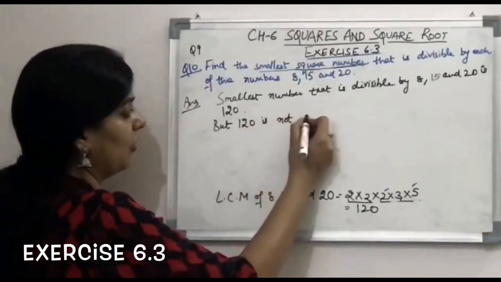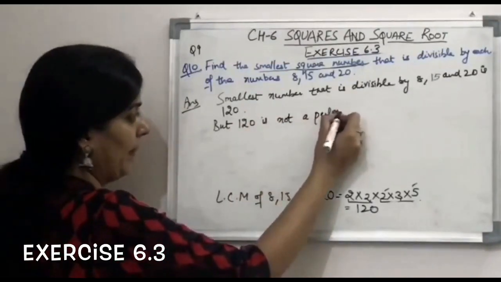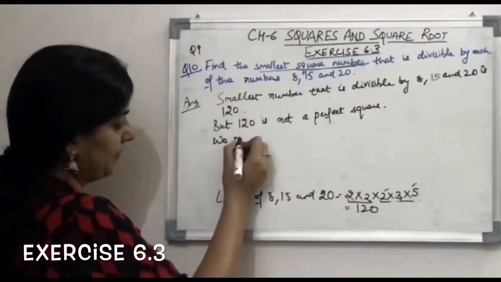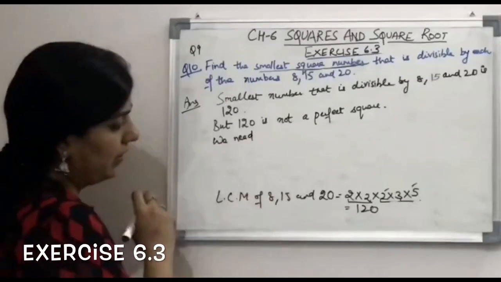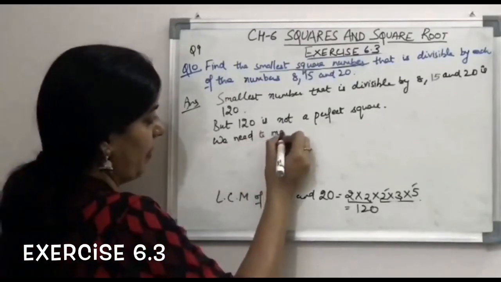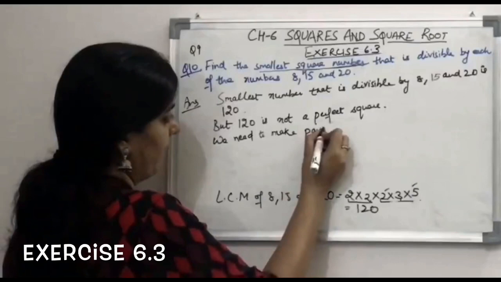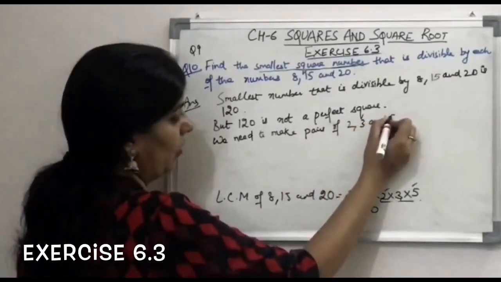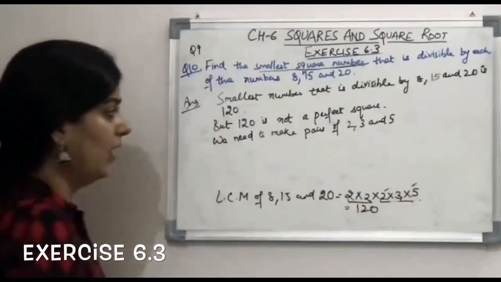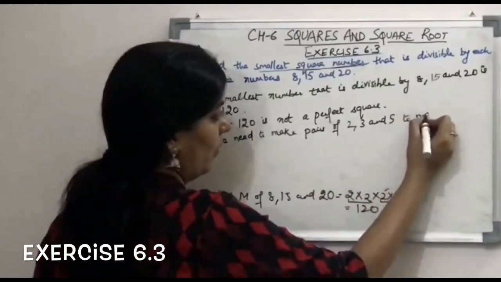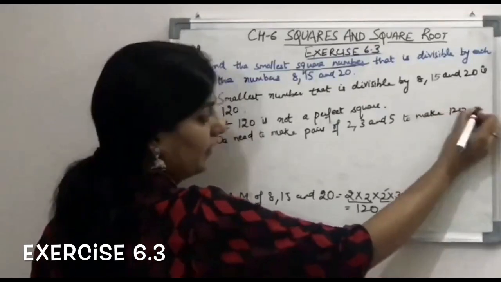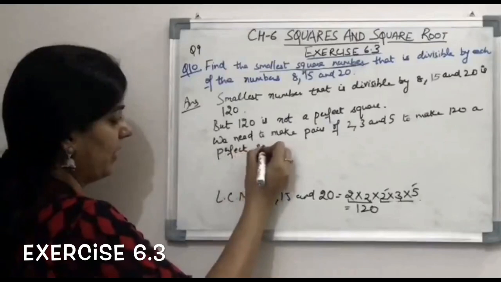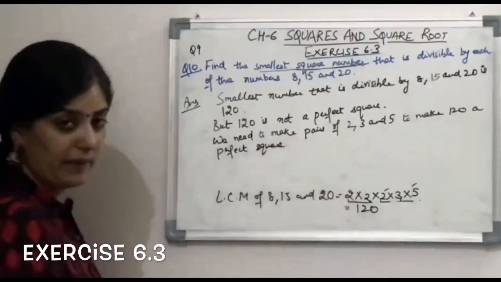What do you need to make it a perfect square? We need to make pairs of 2, 3 and 5. एक 2, 3 और 5 के पेयर बनाने हैं to make 120 a perfect square. इसको perfect square बनाने के लिए हमें इन तीनों नंबर्स के पेयर बनाने हैं.